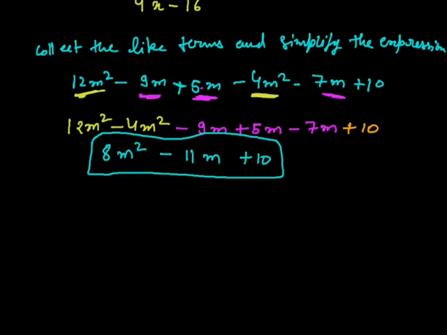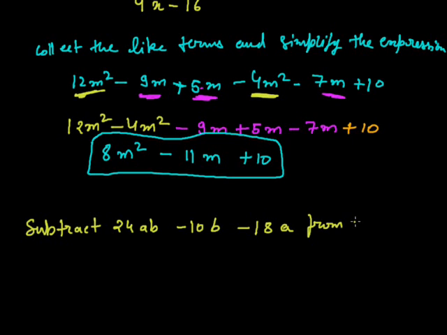Next example is subtract 24ab minus 10b minus 18a from 30ab plus 12b plus 14a.